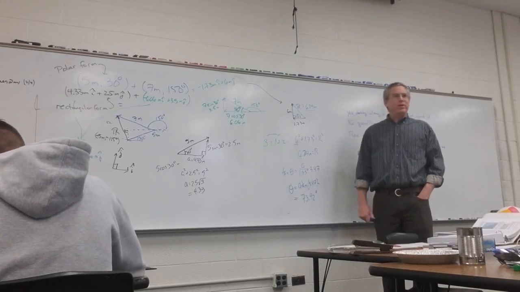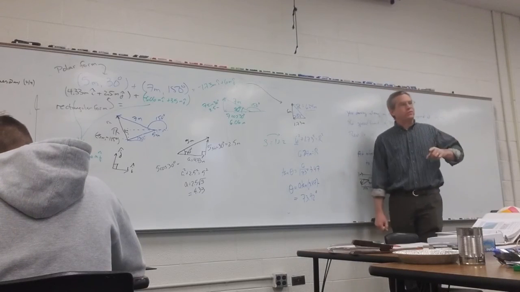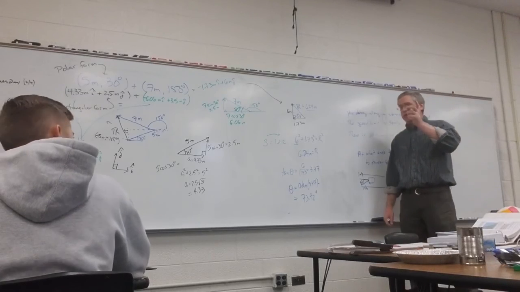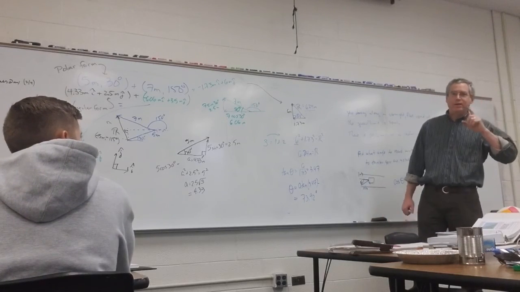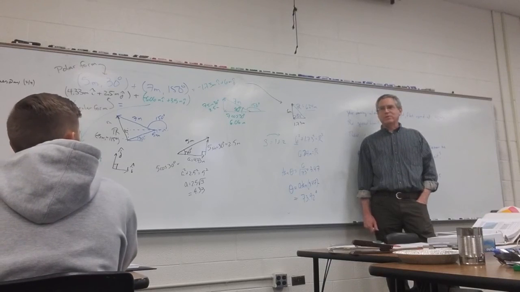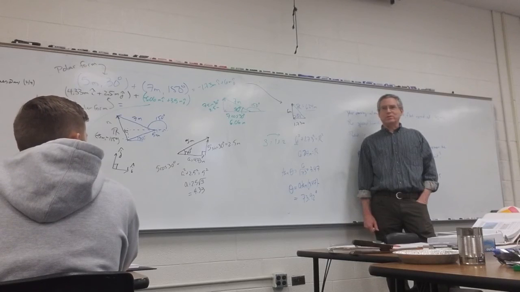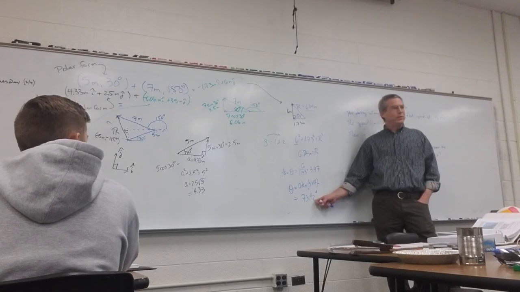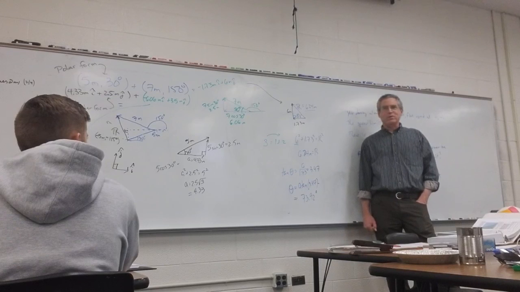All right, so we have 73.92 degrees, but be careful when you're writing the answer. If this were actually a quiz or test question and you wrote 73.92 degrees, I would take off for that. Why? Negative 73.92 degrees? Nope. Where's 0 degrees? Which way is 0 degrees? That way. All right, which way is 90 degrees? Straight up. Is this between 0 and 90? Yeah. So where would this angle be if you told me the angle was 73.92 degrees?